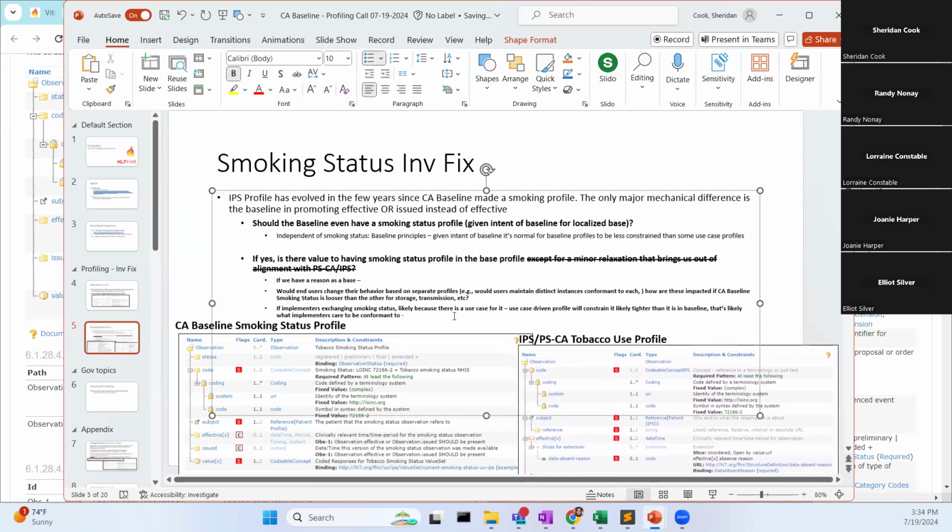And so I don't know that we add value by having it. Does anyone feel strongly against that?